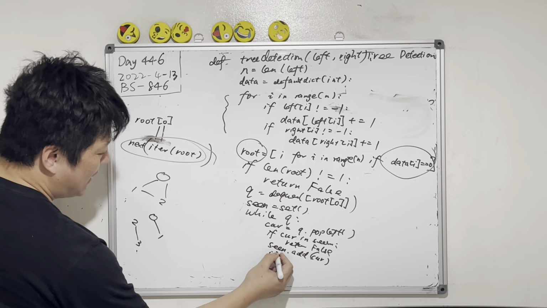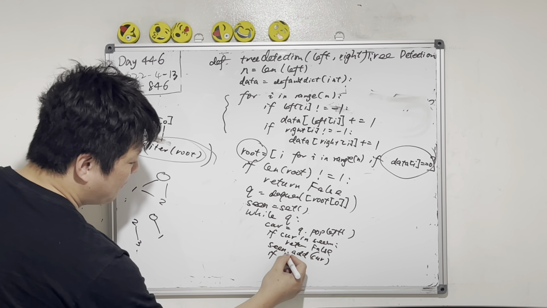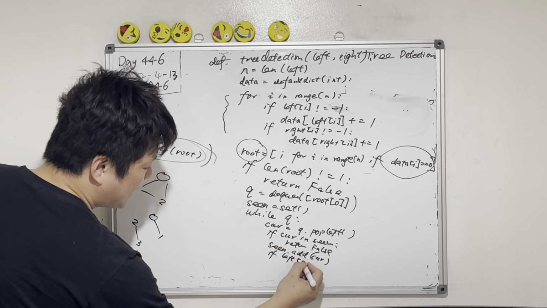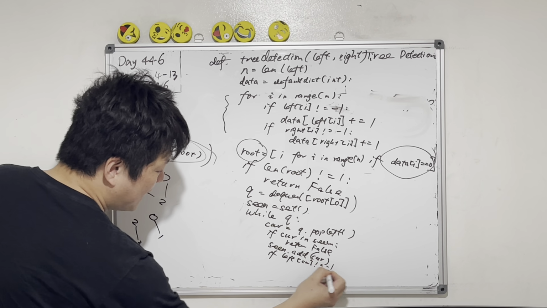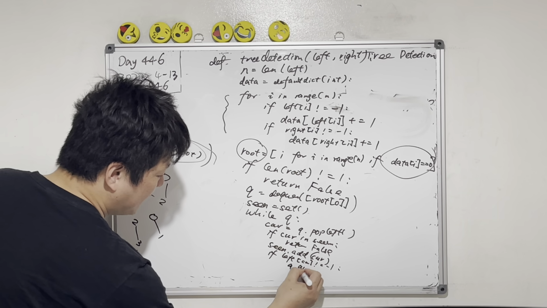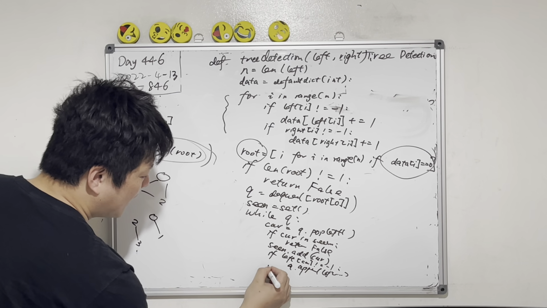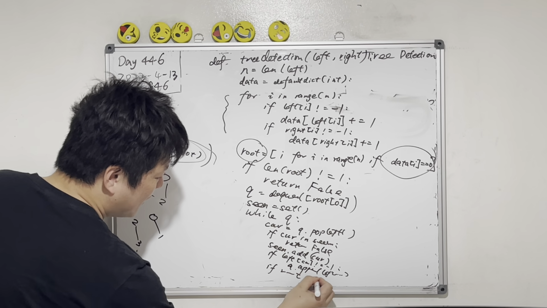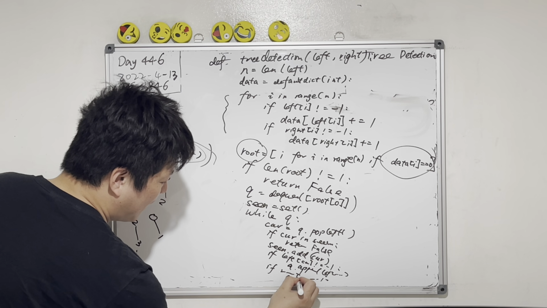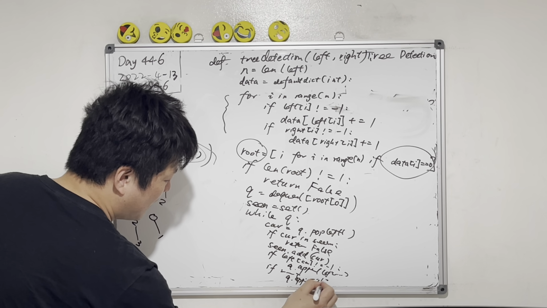Then if left[current] not equals -1, we push it: queue.append(left[current]). Then if right[current] not equals -1, then queue.append(right[current]). I don't have enough space, but you know what I'm talking about.